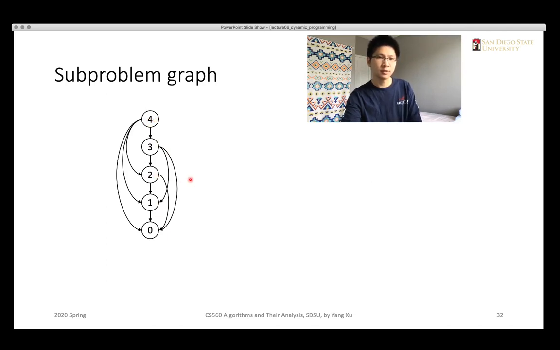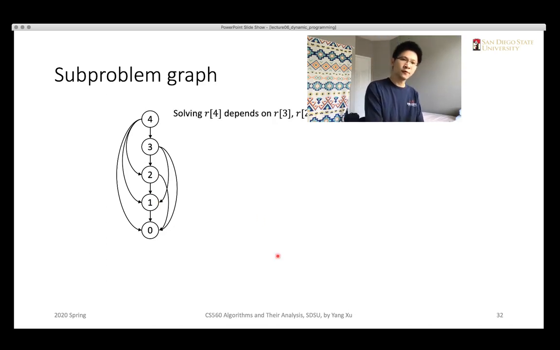Okay, so here this graph is particularly for the rod cutting problem, and here the node with the 4 in it refers to the solution for R4, which is the maximum revenue of cutting the rod of length 4. So in order to solve R4, we need to depend on R3 and R2, R1 and R0.